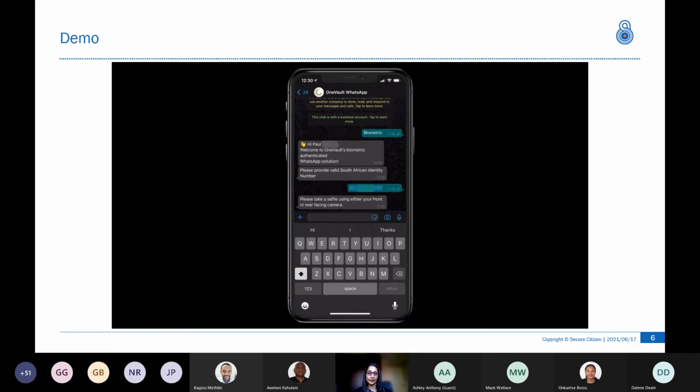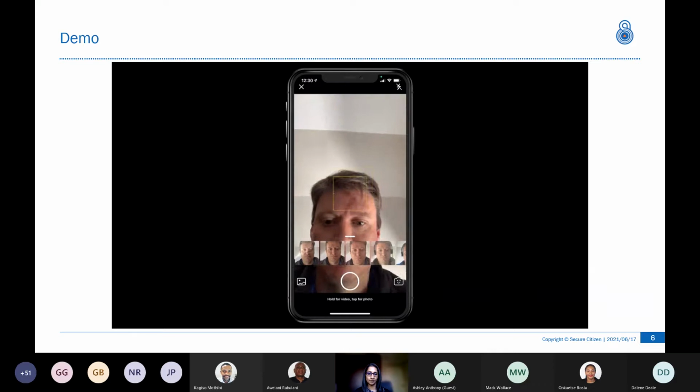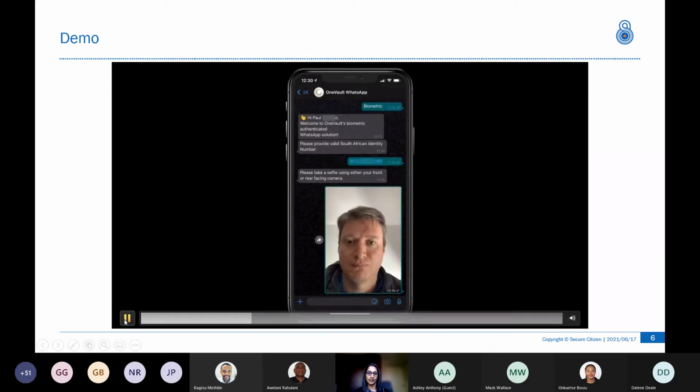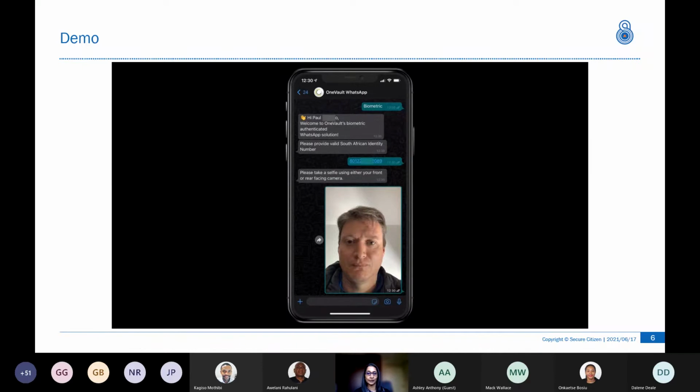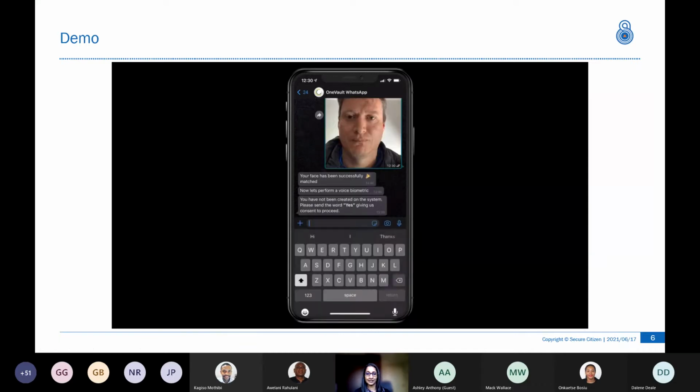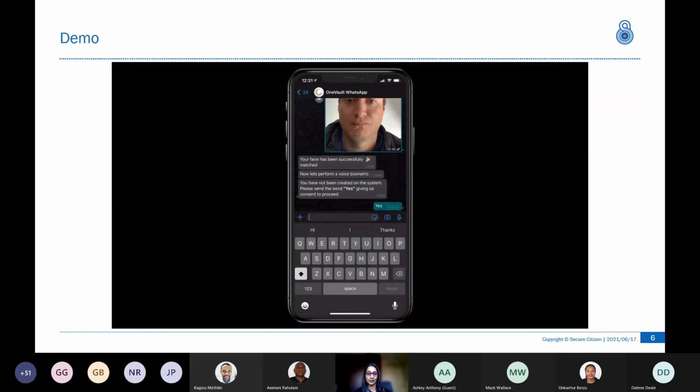At this point, they are requested to take a selfie. The selfie is then compared to their image, which is stored at the Department of Home Affairs. Once this has been completed, you can see that this has been successfully matched.